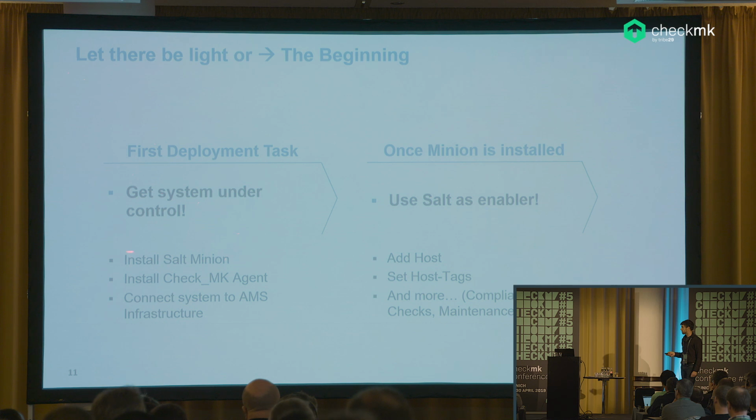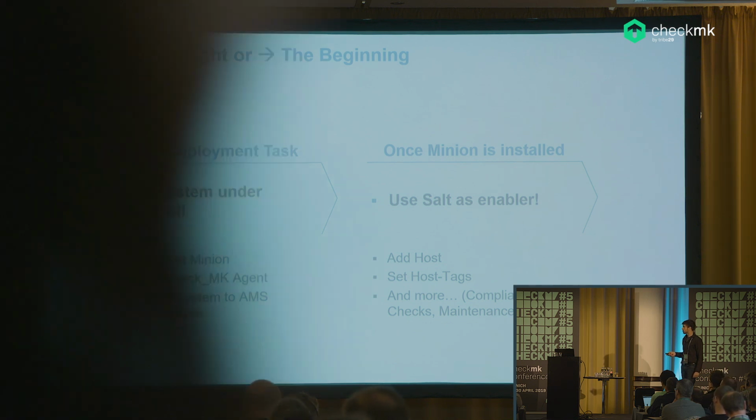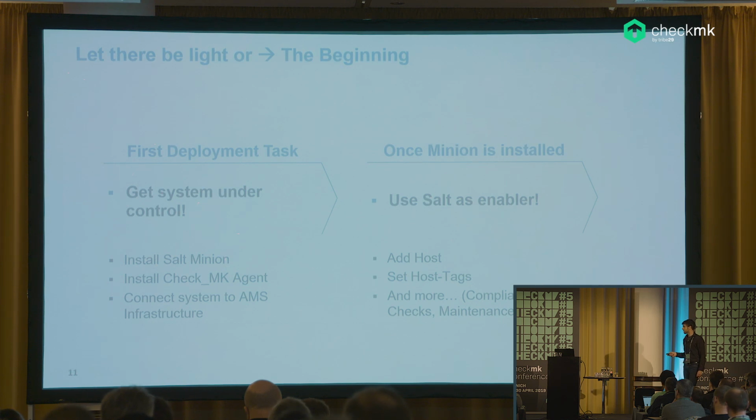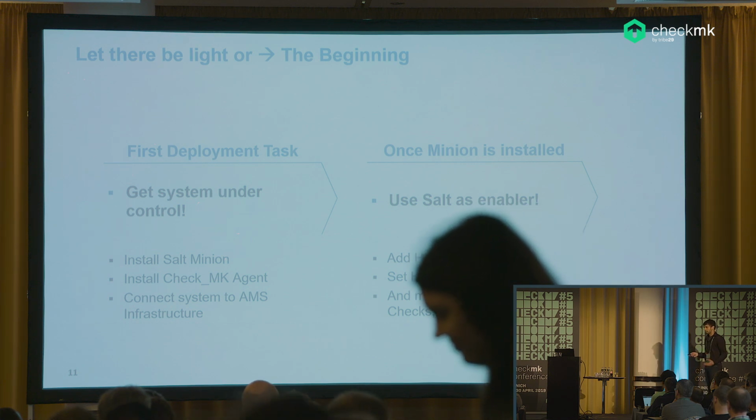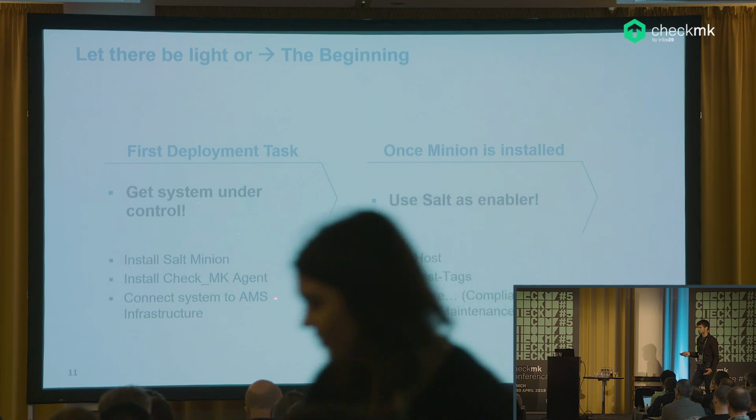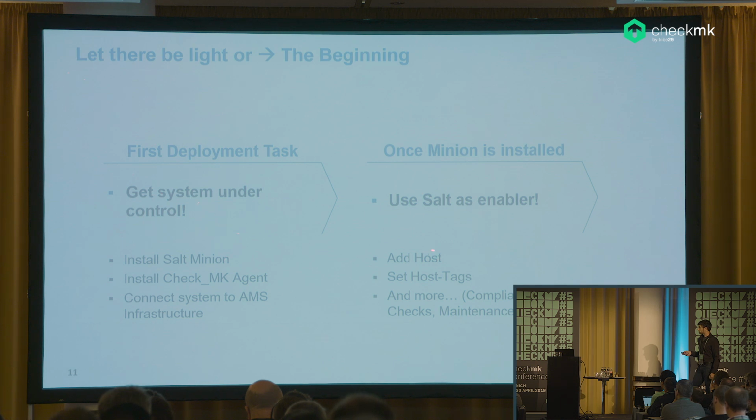But it's actually quite reasonable to go with configuration management from the top, installing a salt minion first, and then we can install a Checkmk agent over that, and then connect the system to our central infrastructure. So salt is an enabler for us. It allows us to do things for us. And I will show you live in a minute.